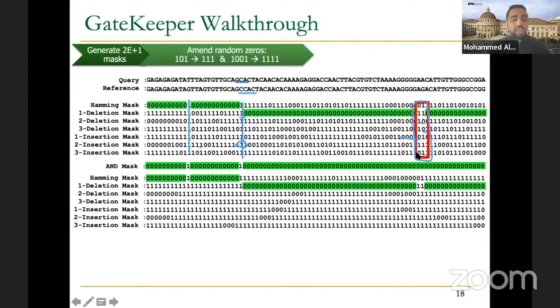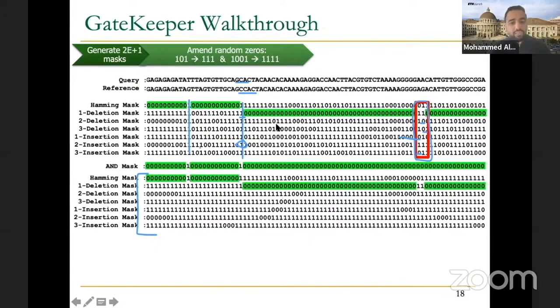So we said, okay, let's try to switch them ourselves. Let's try to convert all these short segments of zeros into ones so that we can cancel the effect of these, we call them random zeros in the vector. And this is the new version of these vectors. That is, we replace everything less than 3 zeros, so which is 1 or 2.